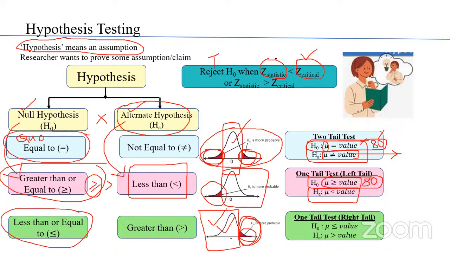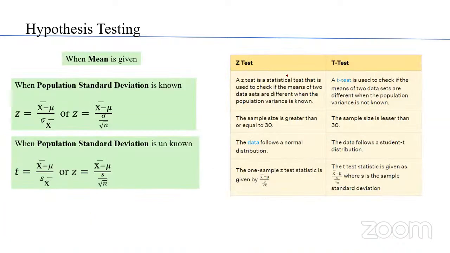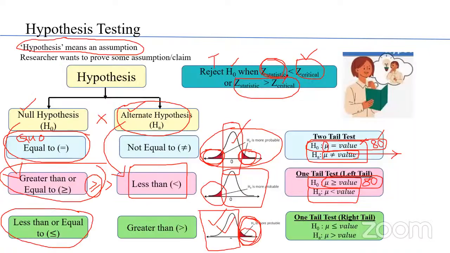So this is the table value and this is the calculated value. When the calculated value is less than this critical value, we have to reject the null hypothesis. Or on the positive side, when the Z calculated value is more than the table value, we have to reject the null hypothesis. Once we see the problem, we'll understand how we are going to reject and accept the null hypothesis.